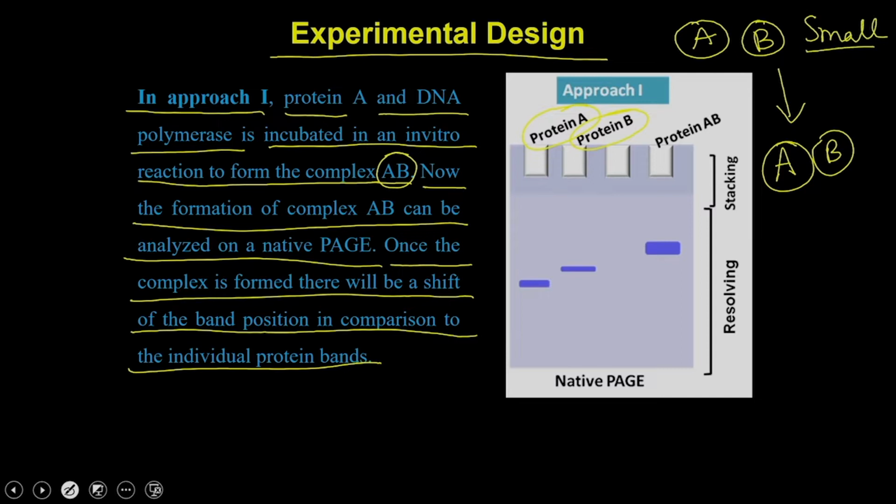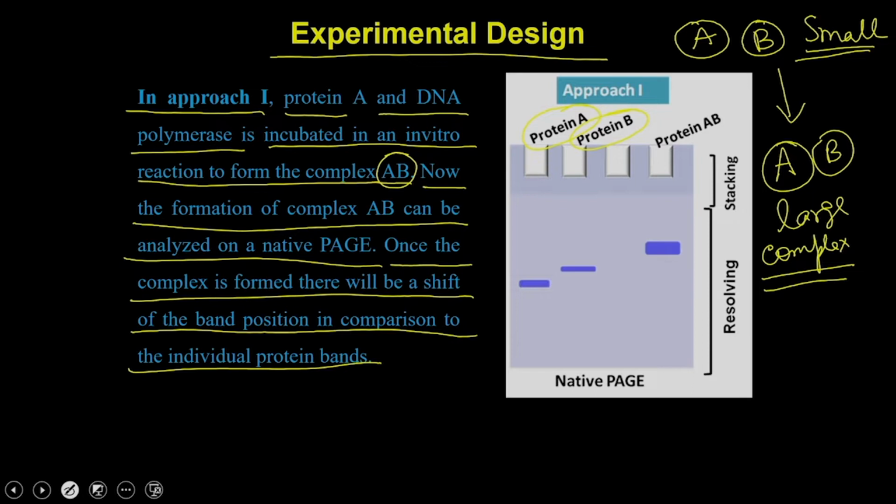When they come together, they form a large complex, which means the molecular weight of the individual proteins is small, whereas the molecular weight of the AB complex is on a higher side.